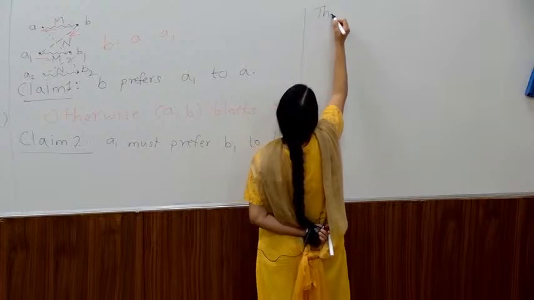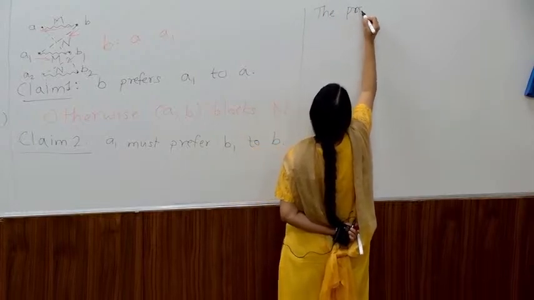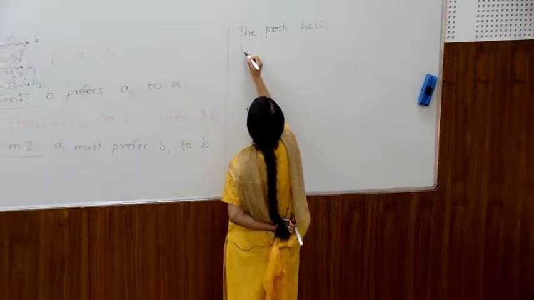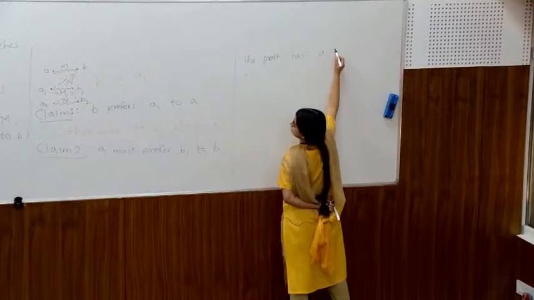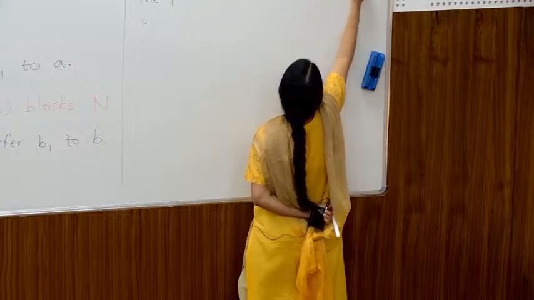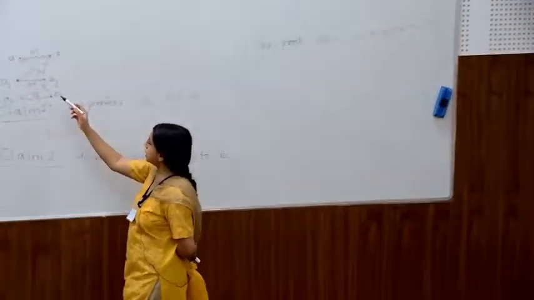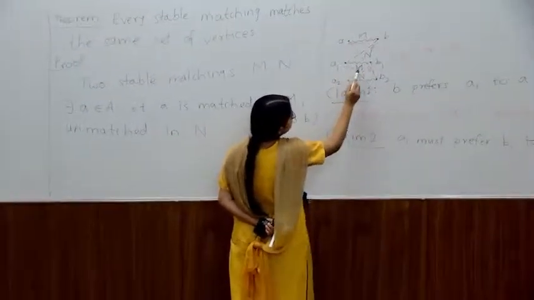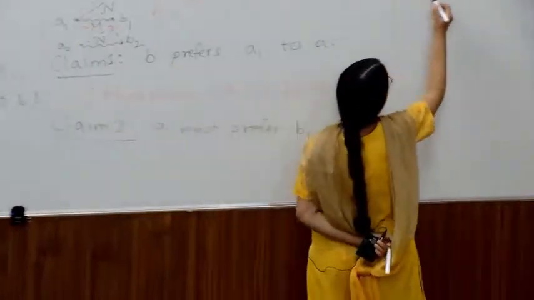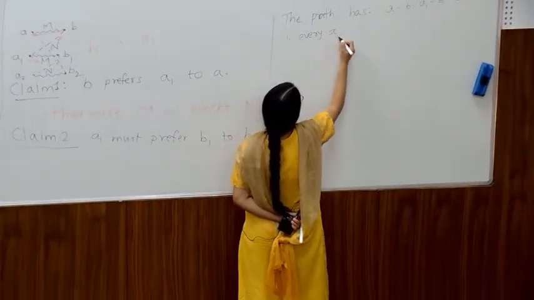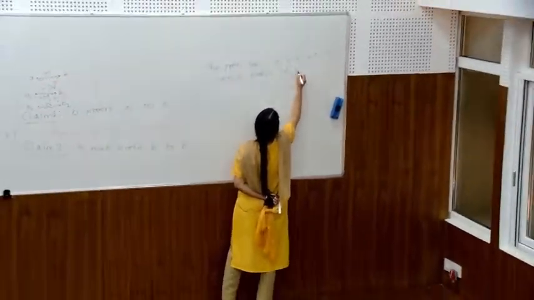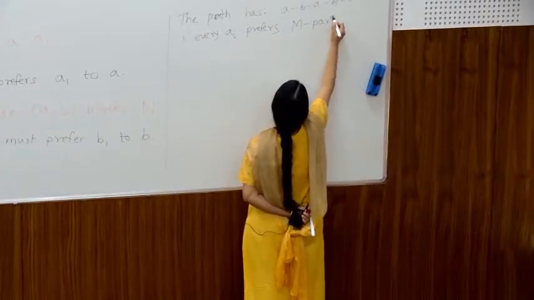So our observation is that the path that we have drawn has the following properties. If the path is A, B, A1, B1, A2, B2 and so on, every A vertex has preference for the M partner, and every B vertex has preference for the N partner. So every Ai prefers the M partner.